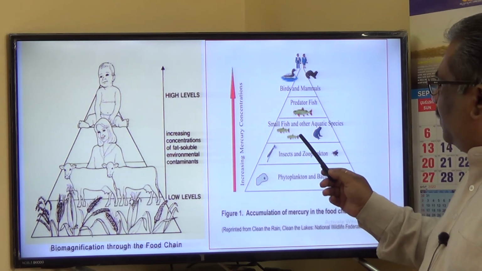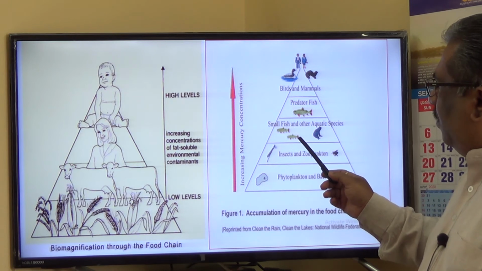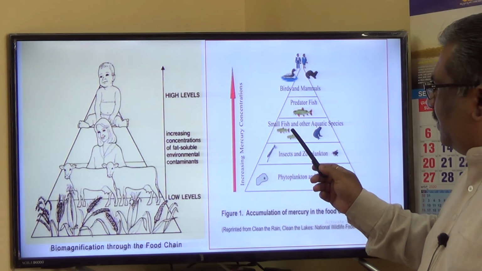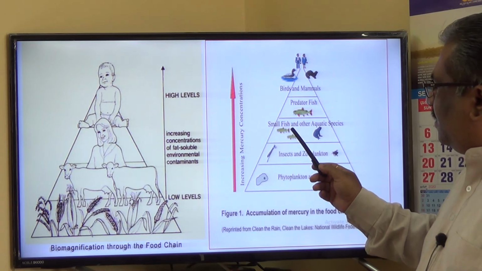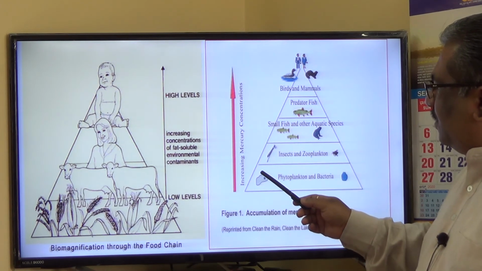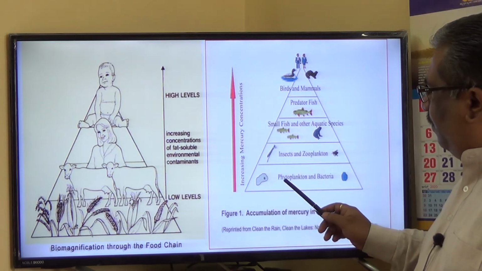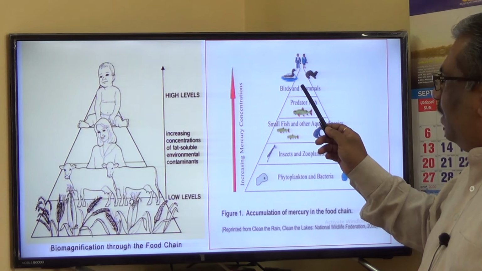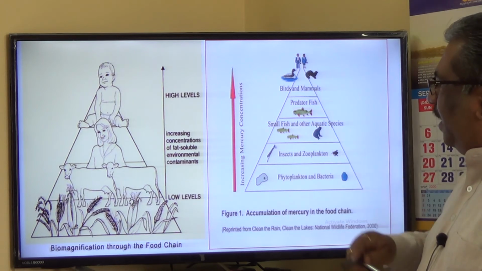Once again, the small fishes and other aquatic species which feed on insects and zooplankton, further the concentration increases in the small fishes, and thus there is an increase in concentration of mercury from the lowest trophic level to the highest trophic level, that is ultimately human beings.